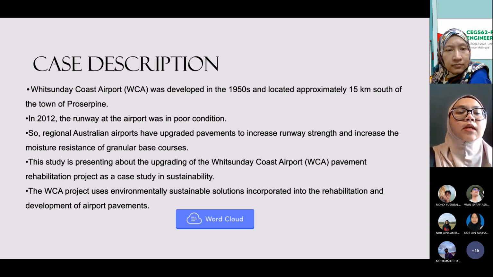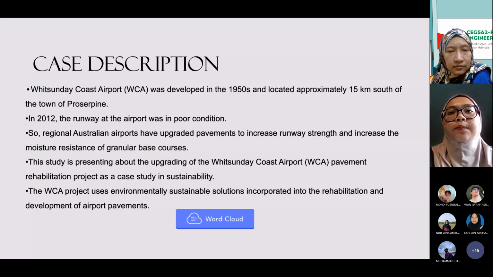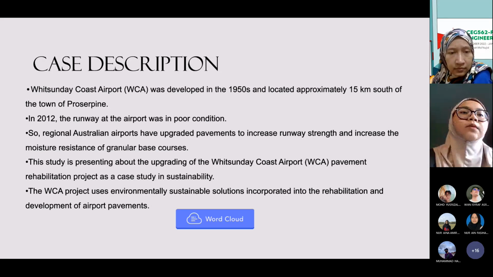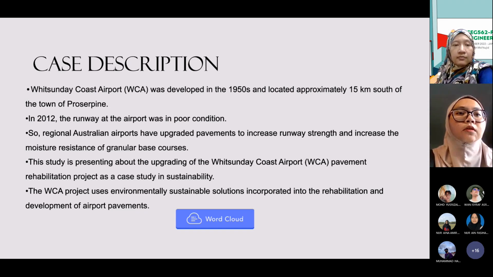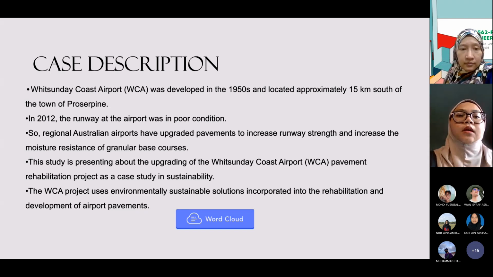This study presents the upgrading of the airport pavement rehabilitation project as a case study in sustainability. The WCA project uses an environmentally sustainable solution incorporated into the rehabilitation and development of airport pavements.